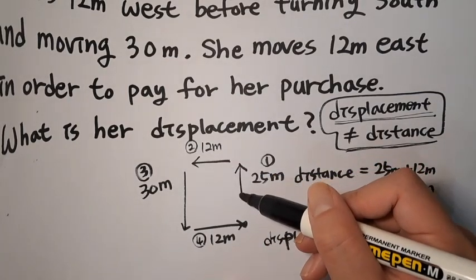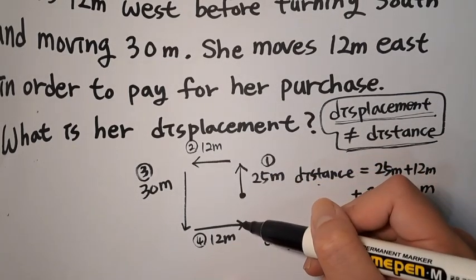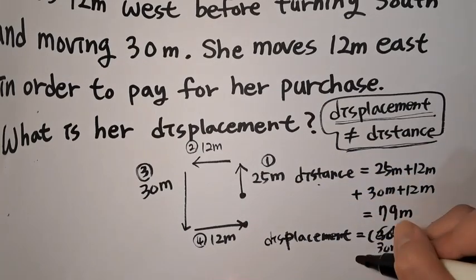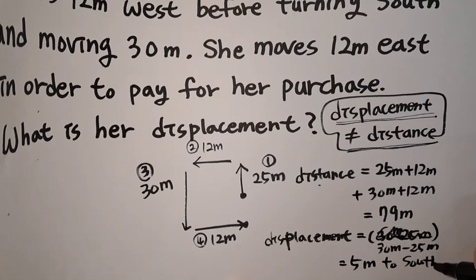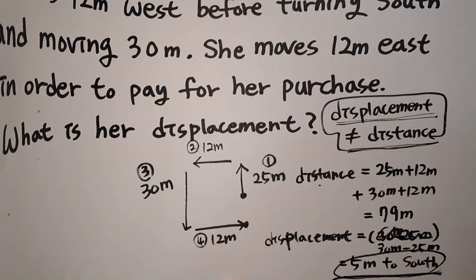This is because this is our starting point and this is our ending point. So the shopper's displacement is going to be 5 meters to the south.